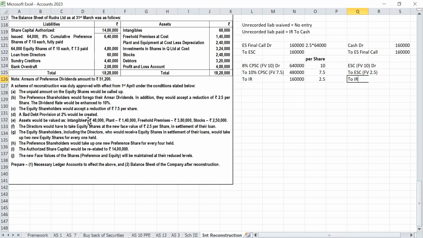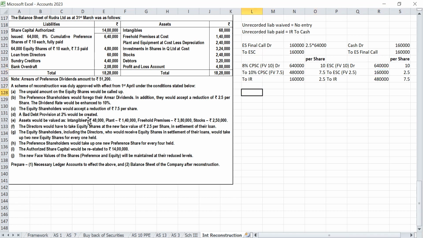Per share, if you pass the entry, 10 rupees face value, reduction 7.5, the balance 2.5 will be the equity share capital face value. Clear? Yes, please. So this into 64,000.